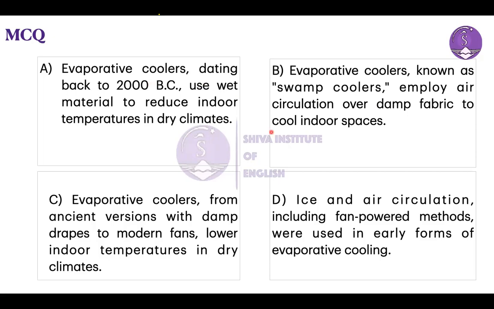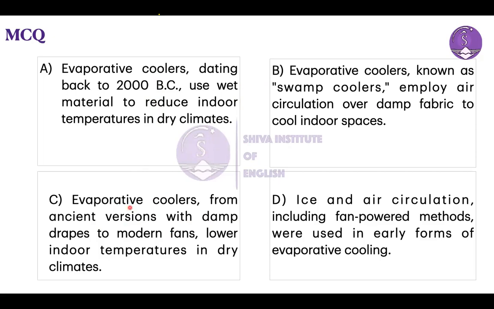Whereas option B stated about wet material to reduce indoor temperature in dry climates. So in which time we use it, that's what option A tries to state. But option B stated what evaporative coolers are, what they actually do and how they do it: known as swamp coolers, they employ air circulation over damp fabric to cool indoor spaces. Fine. So option B seems better than option A, but look at options C and D.